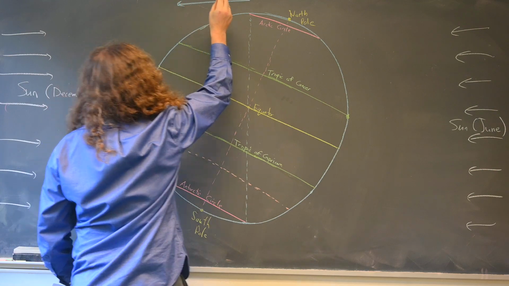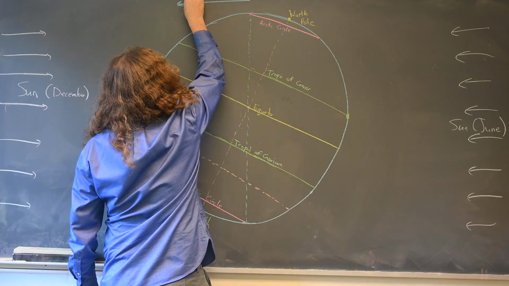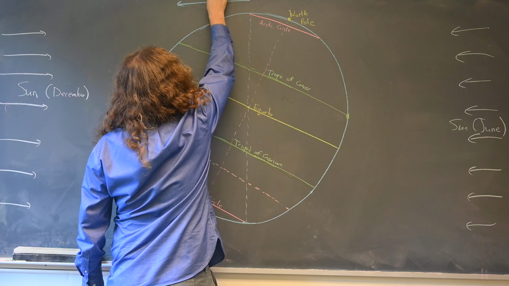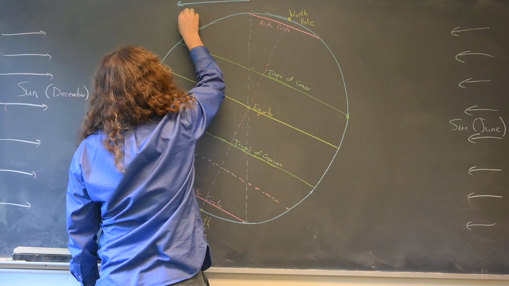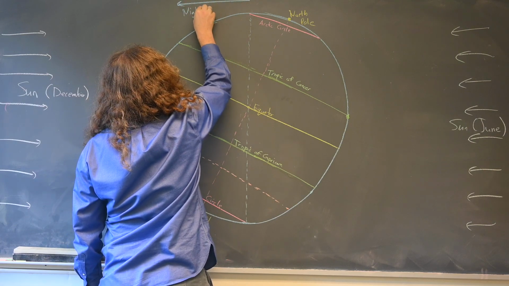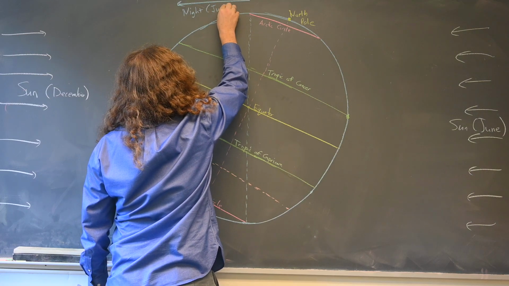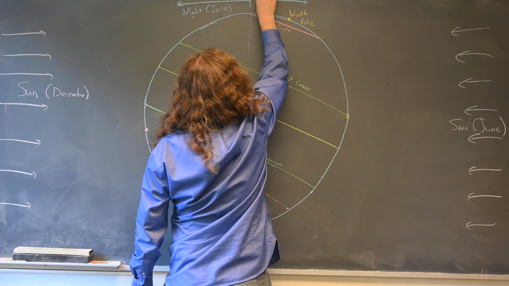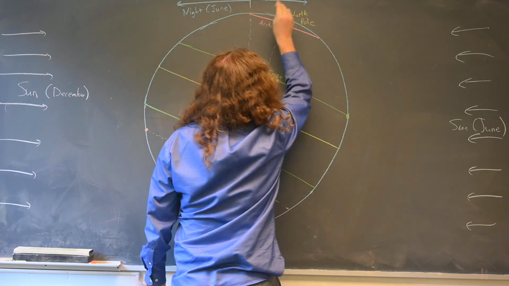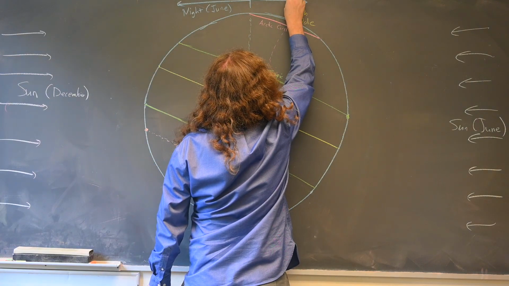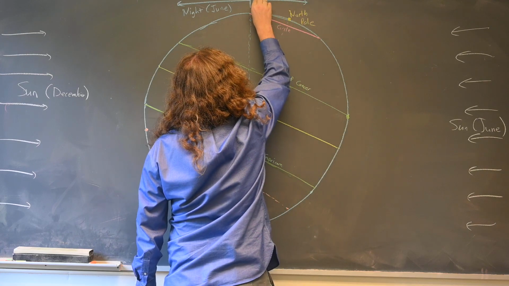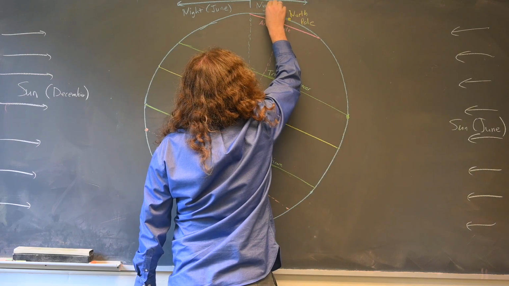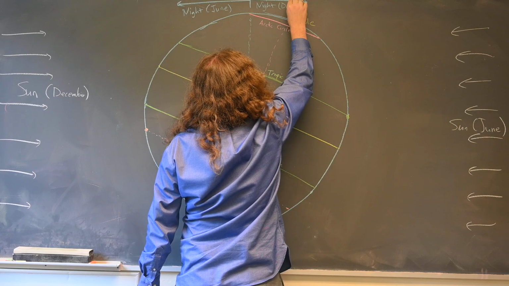So this way is day in December, night in June. This side of Earth is the day half in June, but the night half in December.